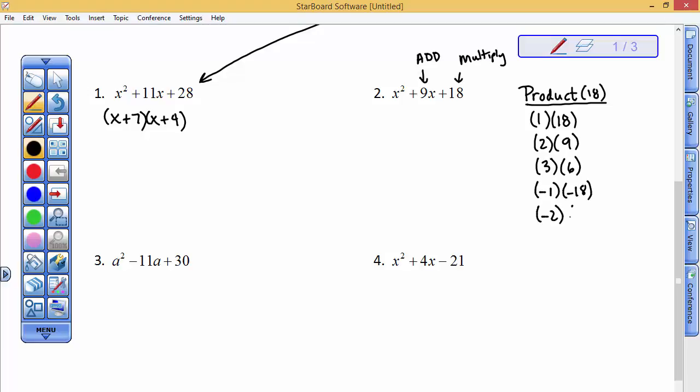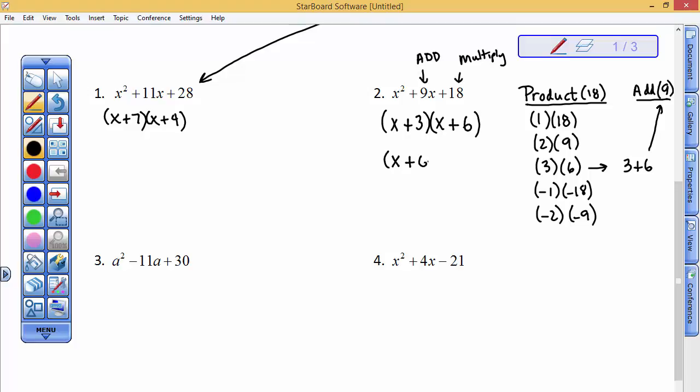But the two numbers that I pick, I want them to add to be the coefficient of the middle term, the 9. So I look right here and I see that 3 plus 6 is 9, so it's the number 3 and the number 6 that will go in the back of each of these binomials. The x times x is the x squared. I can put the 3 here and the 6 here, or I can put the 6 here and the 3 here.